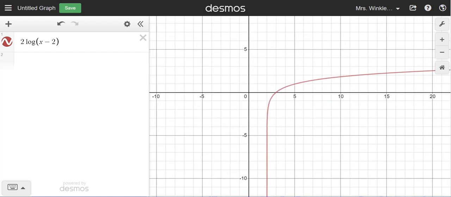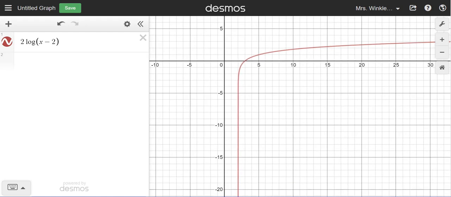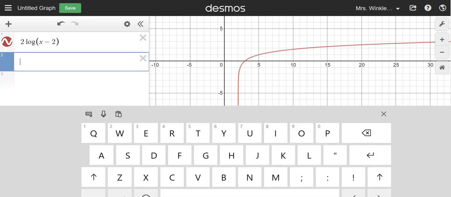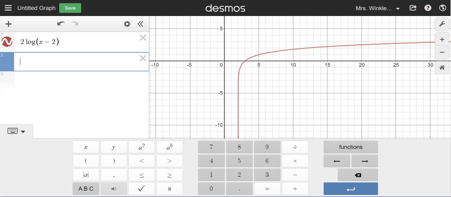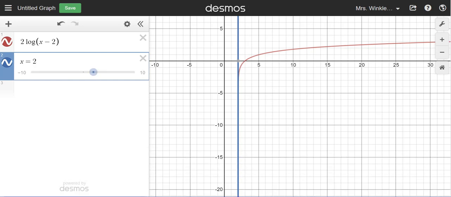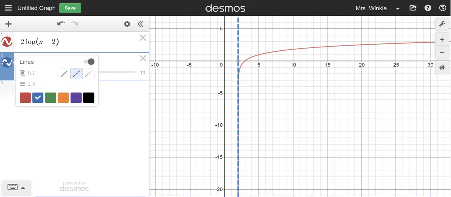Notice if our domain starts at 2, then we have a line that goes down where x equals 2. That would be where our asymptote is. We would have a vertical asymptote at x equals 2.